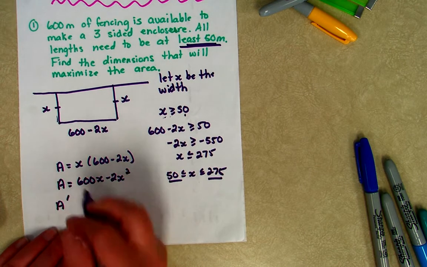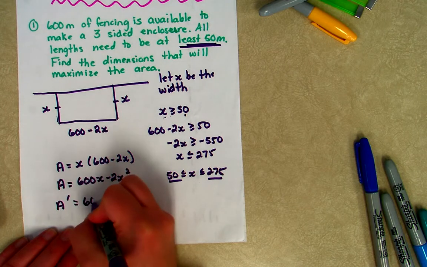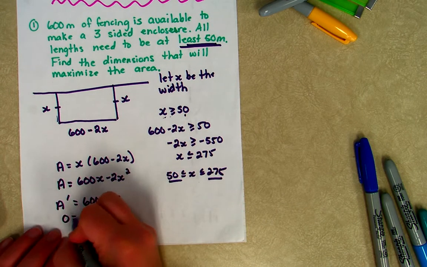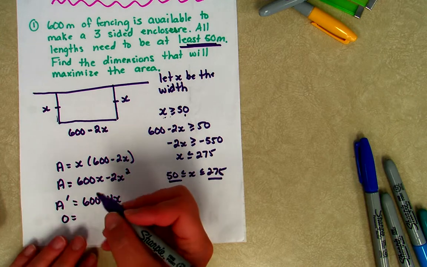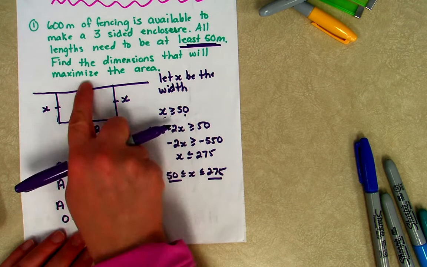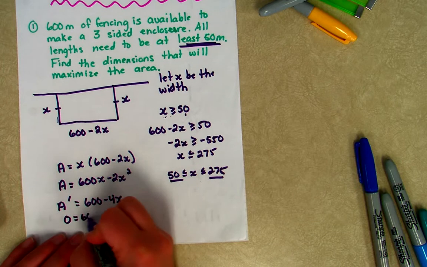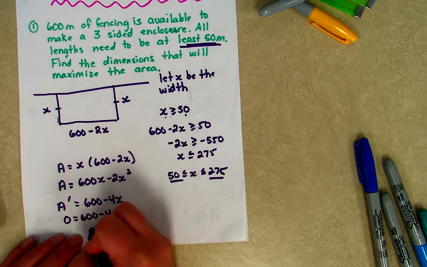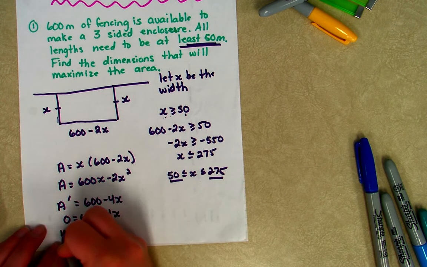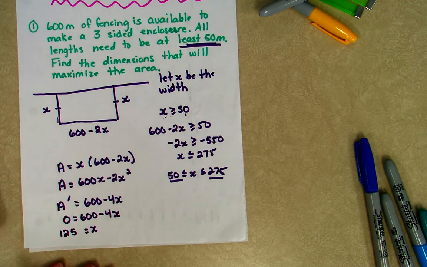A prime, or A derivative, is going to be 600 minus 4x. We need to solve that equal to 0, because at a local max or min, the slope of the tangent is going to be 0, and we're looking for a max for this question. So I get 600 minus 4x. If I solve this, it's going to give me x is equal to 600 divided by 4, which is 125.